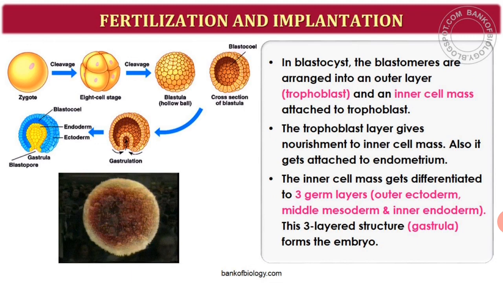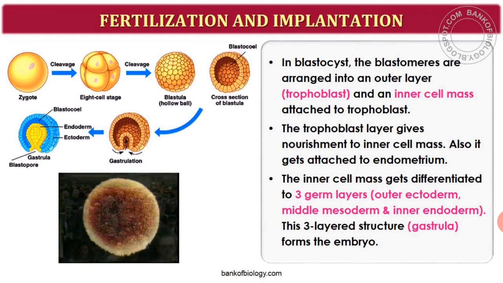In the blastocyst, the blastomeres are arranged into an outer layer known as the trophoblast. Here in the section of the blastula, you can see an outer layer of cells known as the trophoblast and the inner cell mass, which is attached to the trophoblast. Then the trophoblast layer gives nourishment to the inner cell mass.